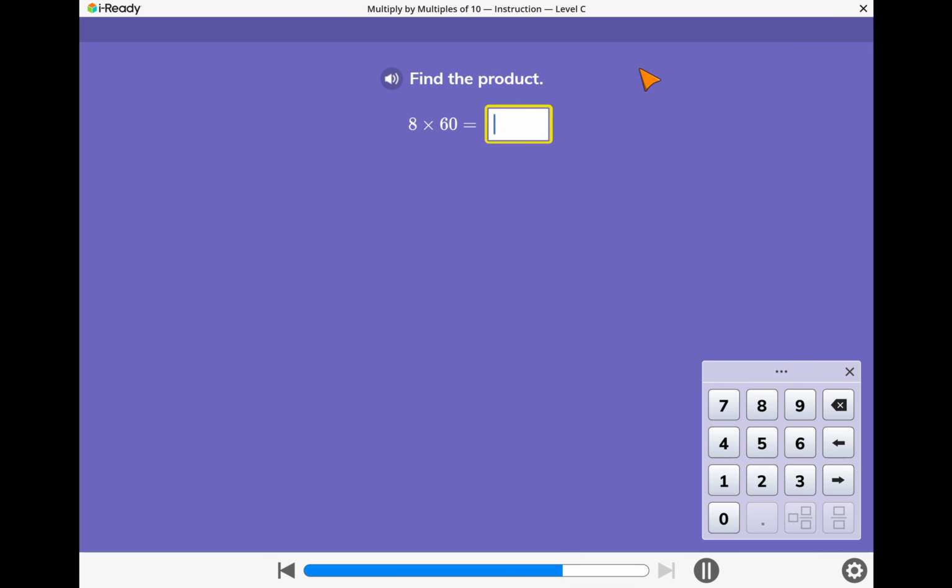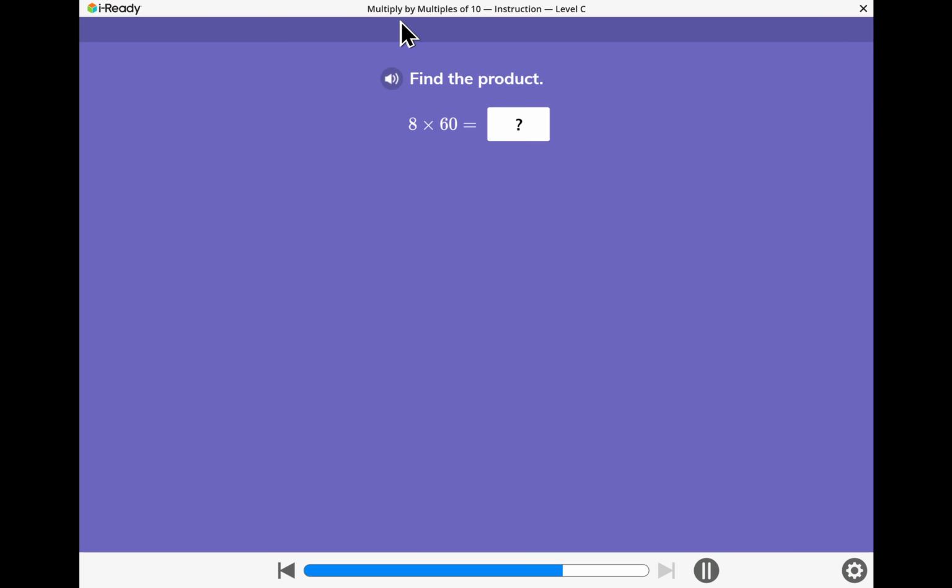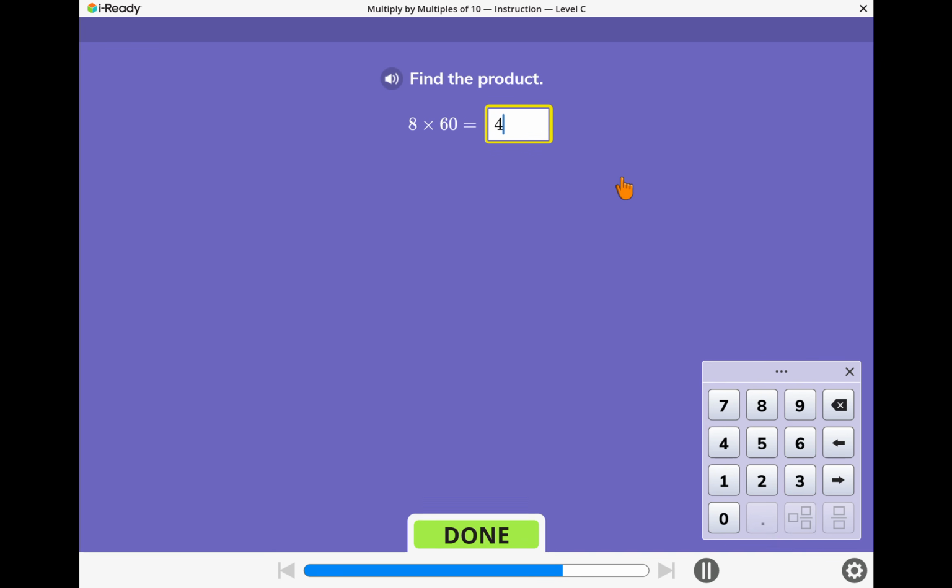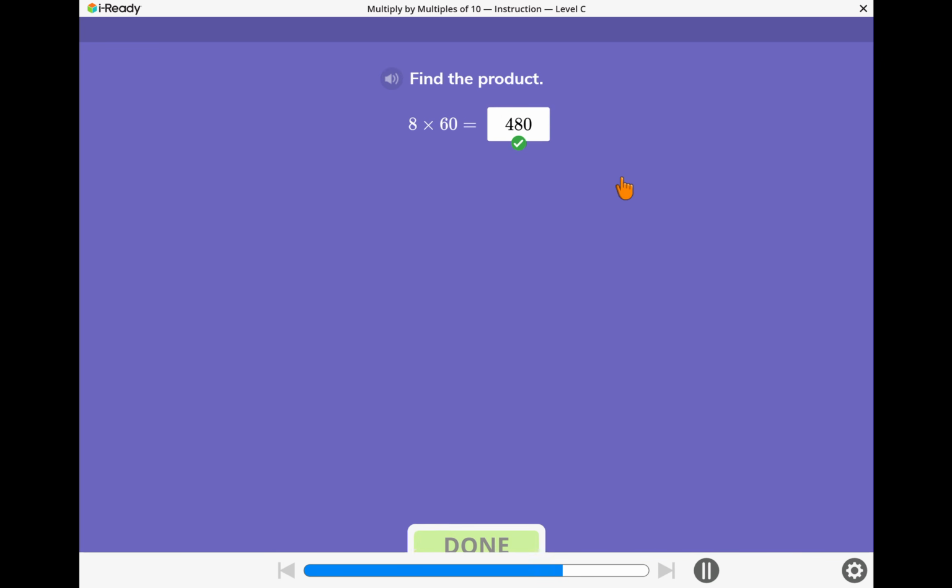So if we add 60 plus 60 plus 60 plus 60. I think I knew the answer. I think it's 480. Oh, Plory, you actually got it right. That's wonderful.